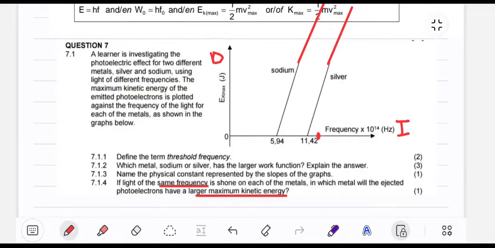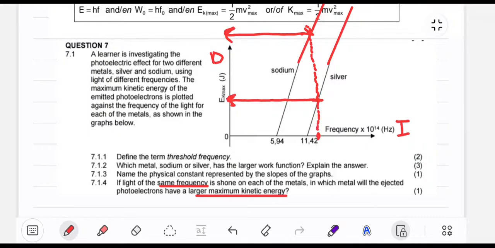It means I would move up to touch my graphs. This graph here is silver. I also move up again to touch the other one, sodium, like this. Now as I move along to the y-axis, that's where the kinetic energy is.